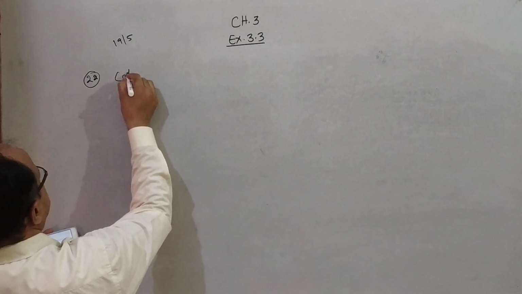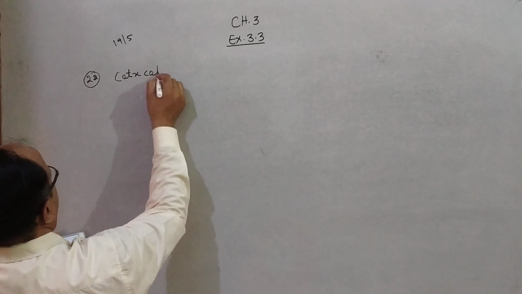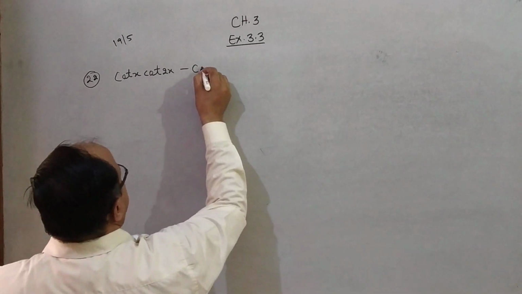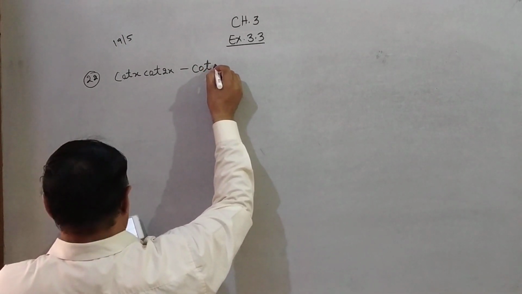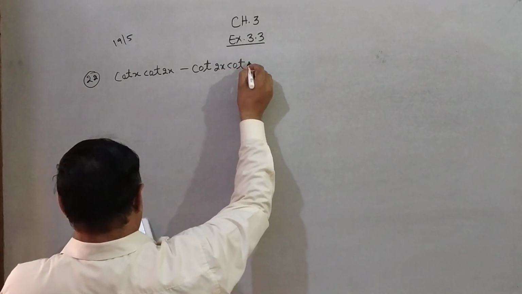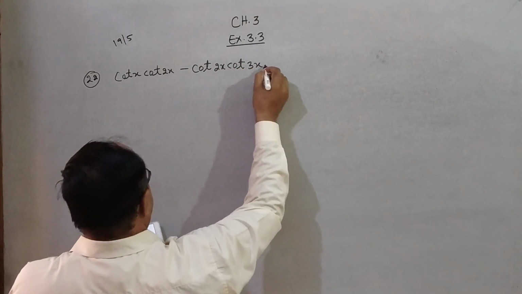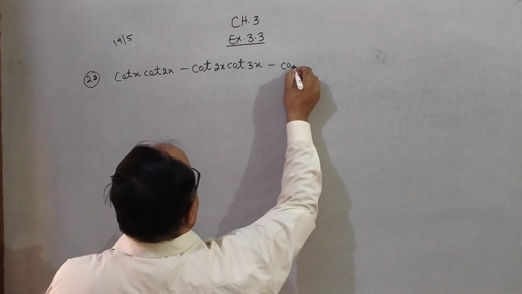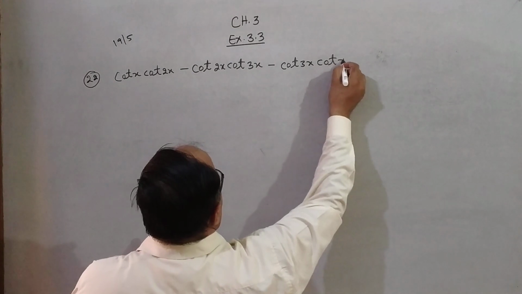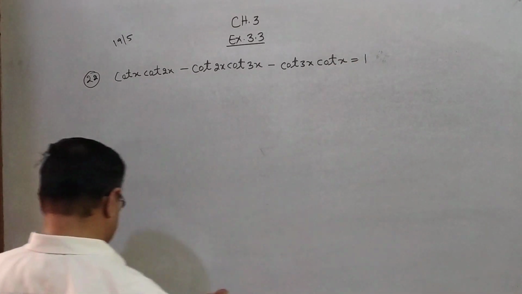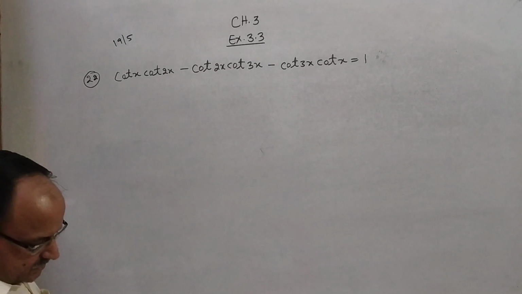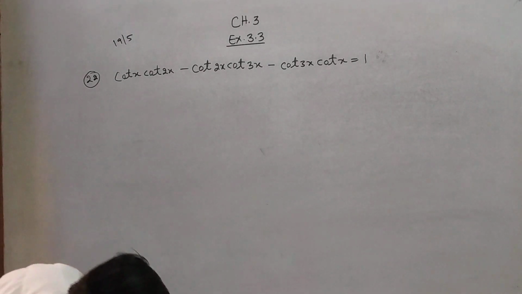Cot x, cot 2x minus cot 2x, cot 3x minus cot 3x and cot x is equal to 1. This is question number 22.